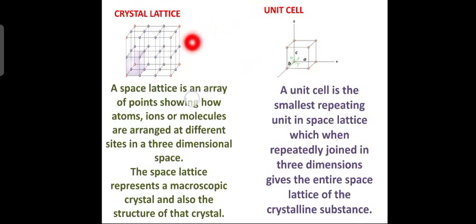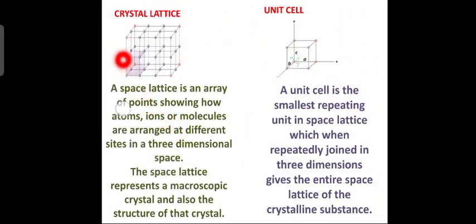Once again here you find the crystal lattice, a 3-dimensional structure, and the unit cell structure. Now what is space lattice or crystal lattice? A space lattice is a group of points showing how atoms, ions or molecules are arranged at different sites in 3-dimensional space.